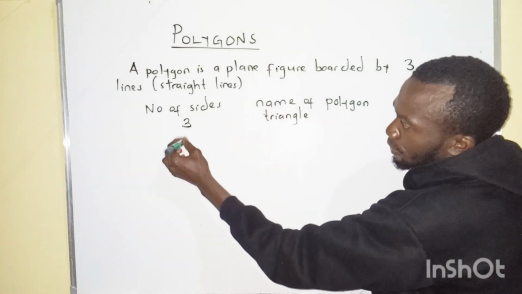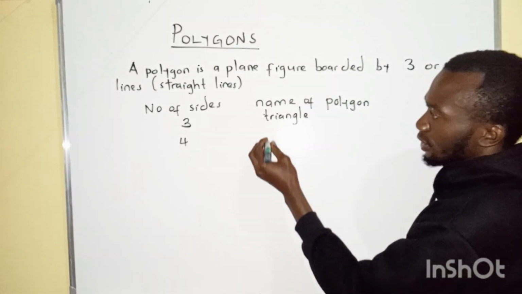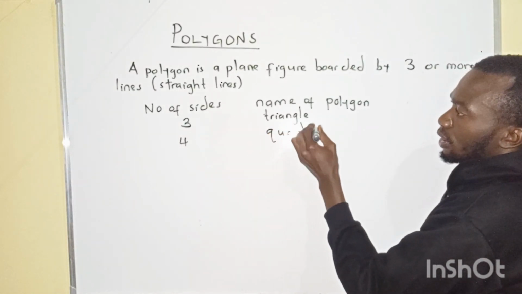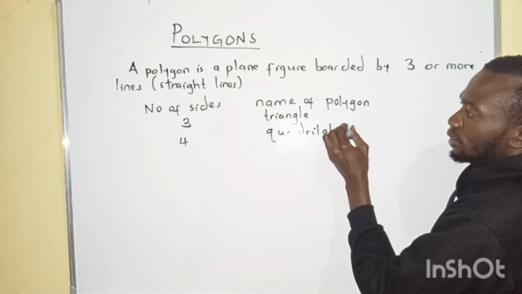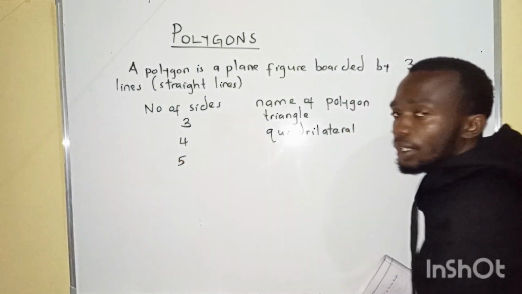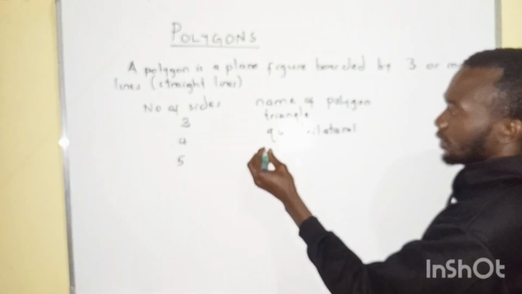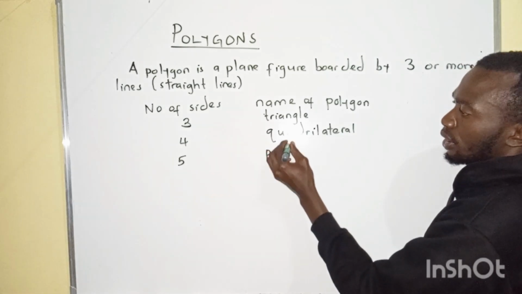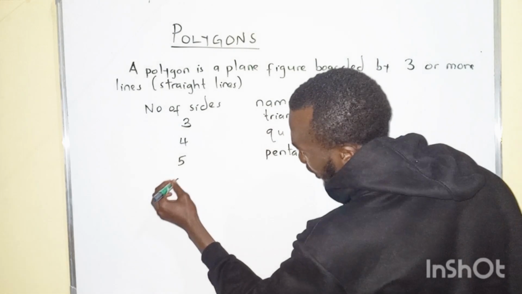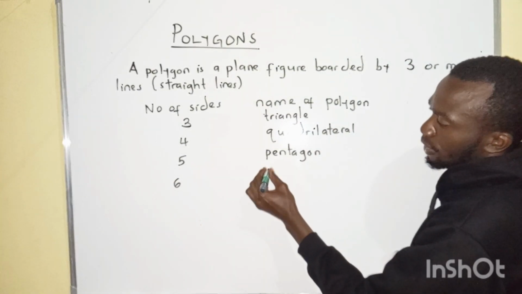A polygon with 4 sides is known as a quadrilateral. A 5-sided polygon is known as a pentagon. A 6-sided polygon is known as a hexagon.